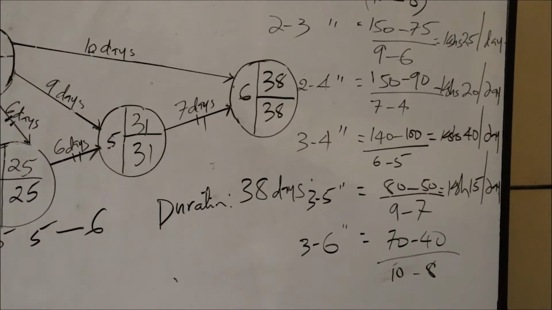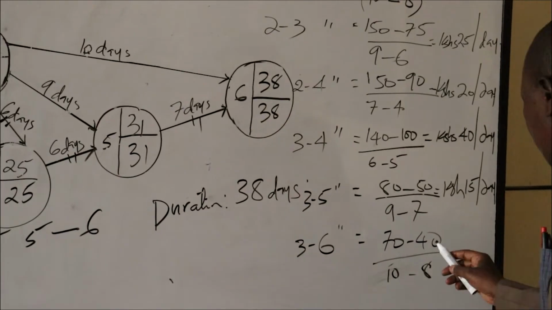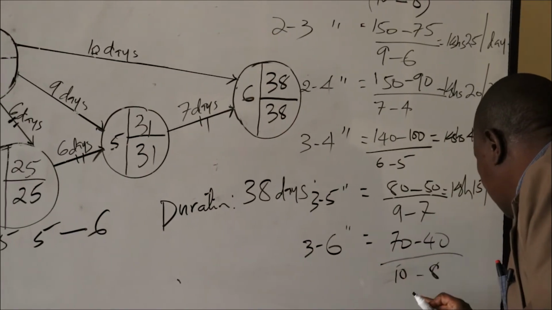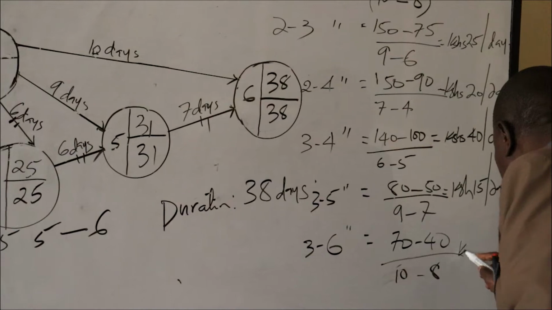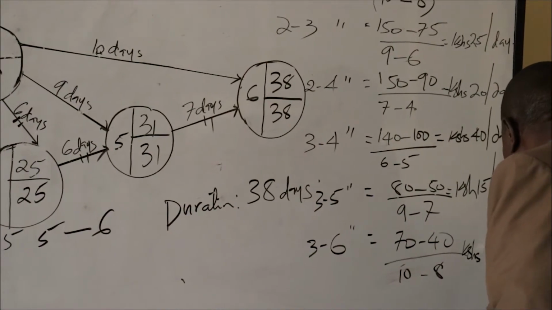That is 30, and this is 2. This is Kenya shillings 15 per day, and this is 15,000.